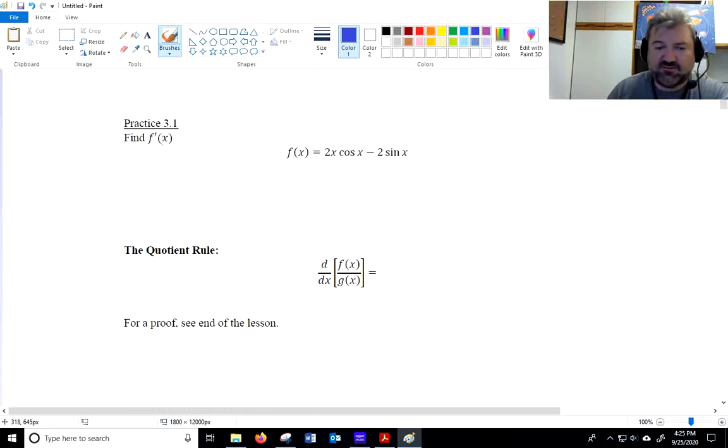All right, practice 3.1. I would like you to find f prime of x. Notice that there is a product in there between the 2x and the cosine of x. Give it a try. Okay, so I'm going to use the product rule.